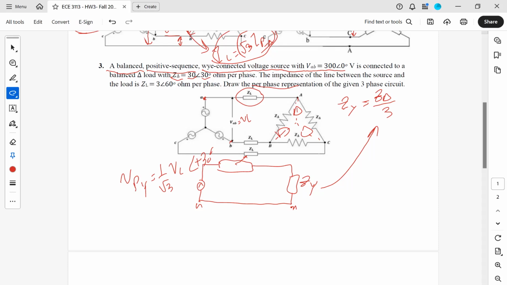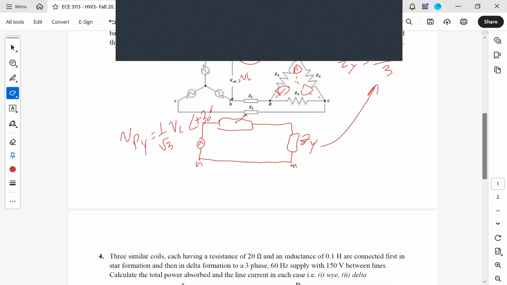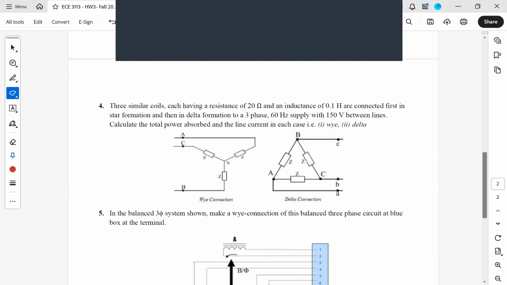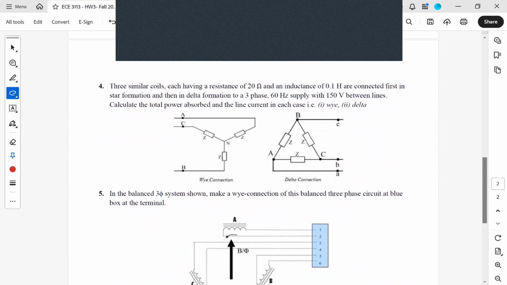Okay, so this way we can determine the per phase circuit of this three-phase system. Very easy to answer if you follow step by step.